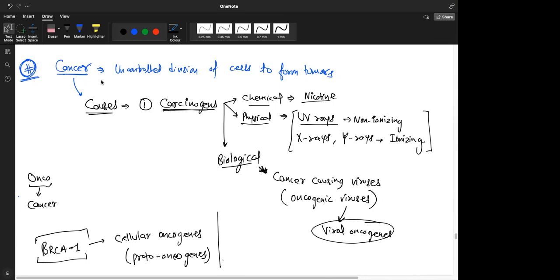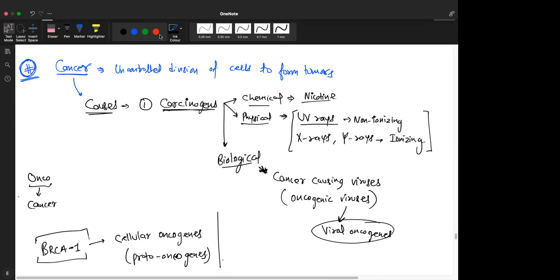So we started with cancer. Cancer is one of the major causes of death worldwide. In the body, when a cell grows and divides, there is a highly controlled regulatory mechanism. But in cancer cells, that regulatory mechanism is faulty.